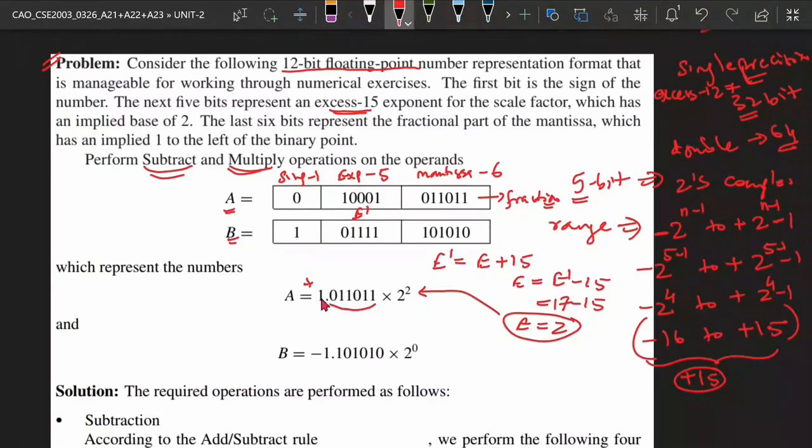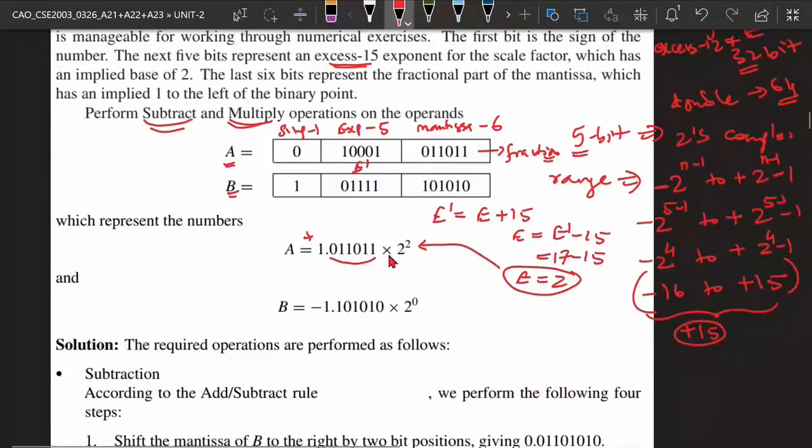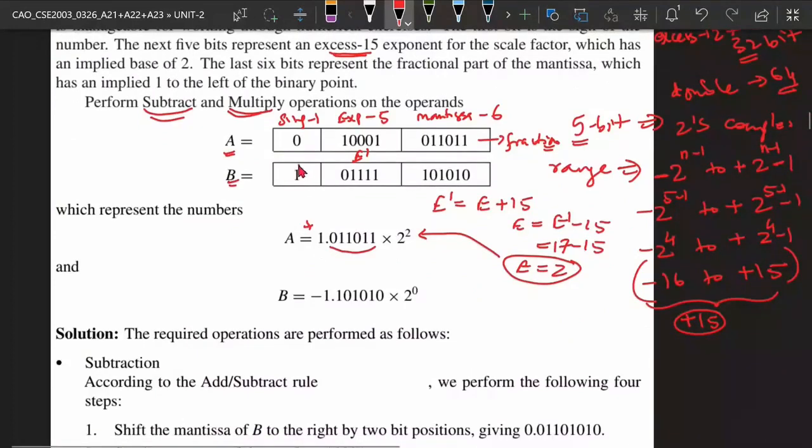So B value: the sign is 1, which means it is a negative number. So negative sign, then 1 dot the fraction part, into 2 to the power of the exponent. So the actual exponent will be e dash minus 15.